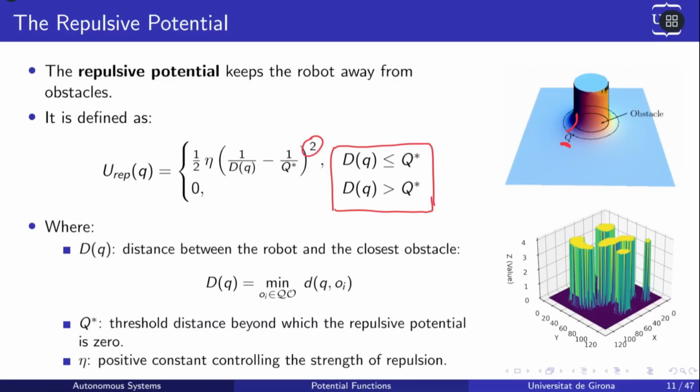Of course, how tall this map is will be configured with this eta, the half eta that we have at the beginning of the equation. This will tell us how tall this equation is, but what is interesting to see here is that around the obstacles, we have this smoothing. Again, here I discretize the environment, so everything is discrete, and the cells are maybe not as small as they should be.